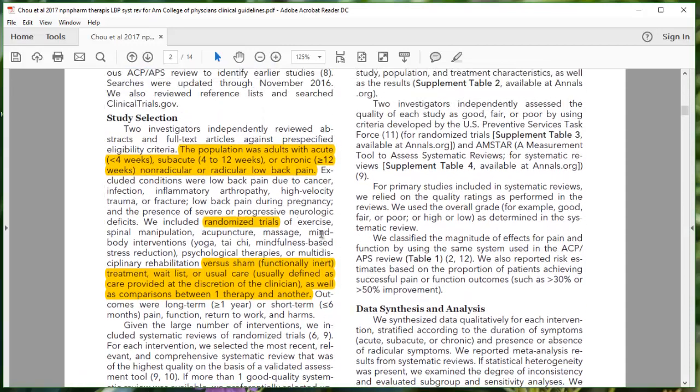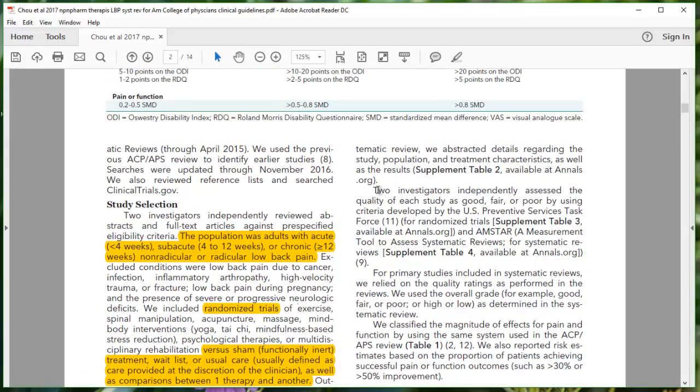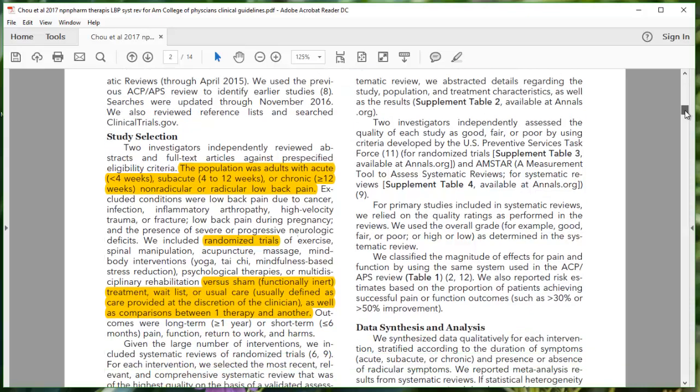They extract information, and let's scroll back on up here, and they have one investigator that extracted information to independently assess the quality of each study as good, fair, or poor by using criteria developed by the U.S. Preventive Services Task Force for randomized trials. And the comparative studies, not entirely sure, but you really want to look in the methods first to figure out how they arrived at these studies and what they did with them.